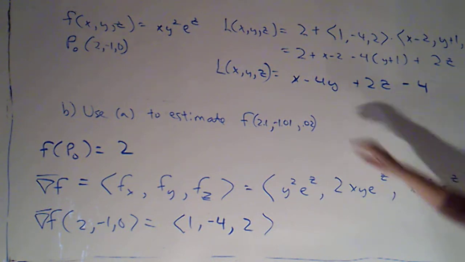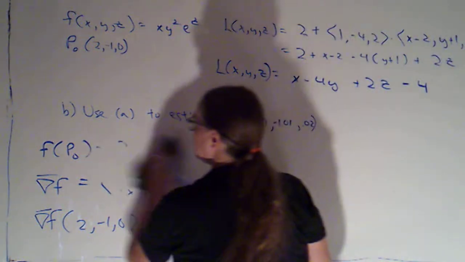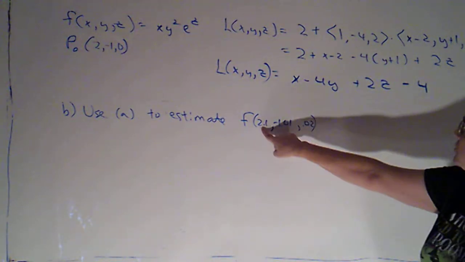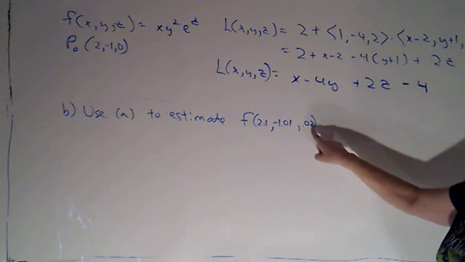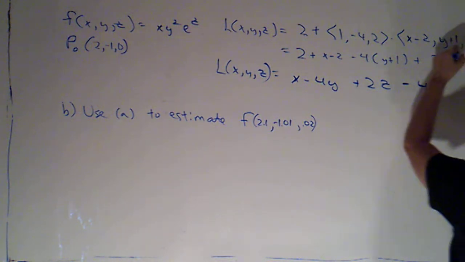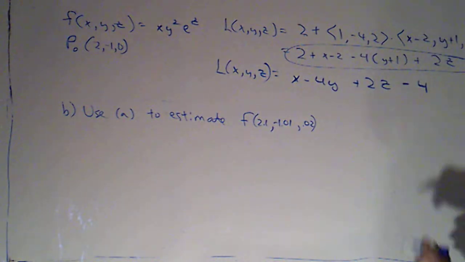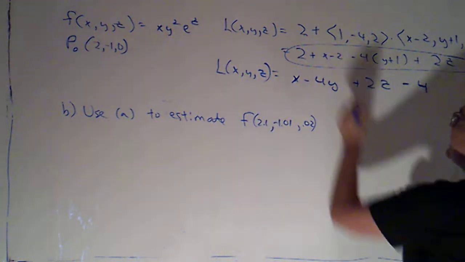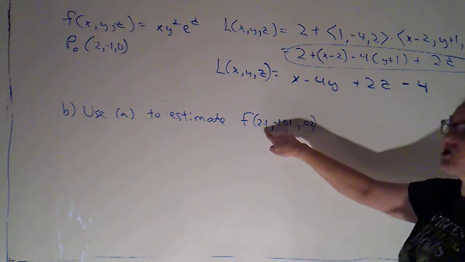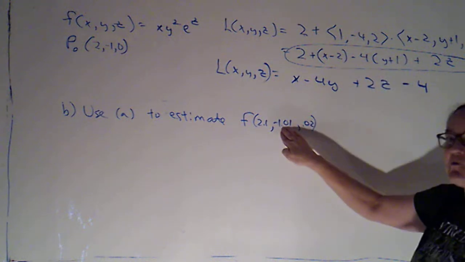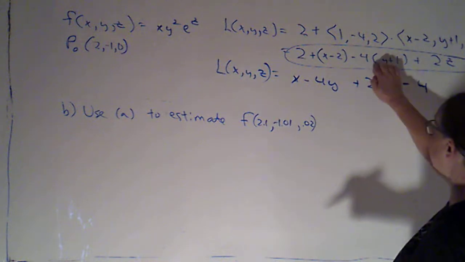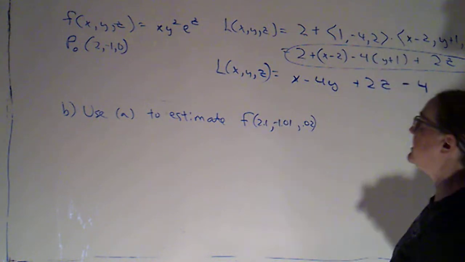Okay. So now we wanted to use that to estimate our function evaluated at (2.1, -1.01, 0.02). Now for that, it might almost be simpler to work with this version of things, because there that has me calculating x minus 2. I'm looking at just how close is that to 2. And y plus 1, how close is that to negative 1? So I think I'm going to go ahead and actually use this version of the equation.